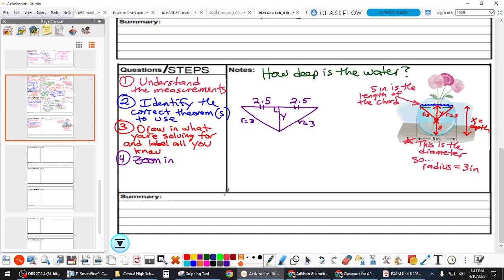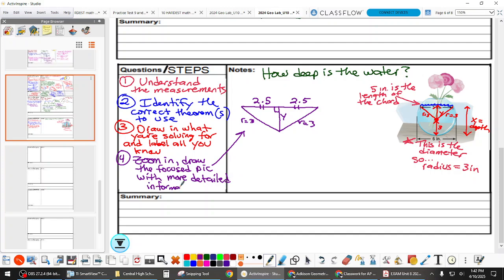Okay. So let's finish this note. Zoom in. Draw the focused picture with more detailed information.